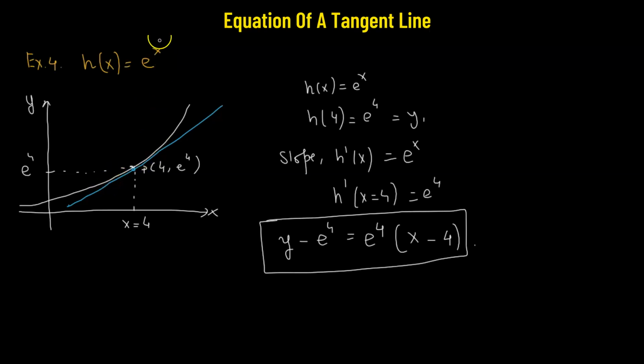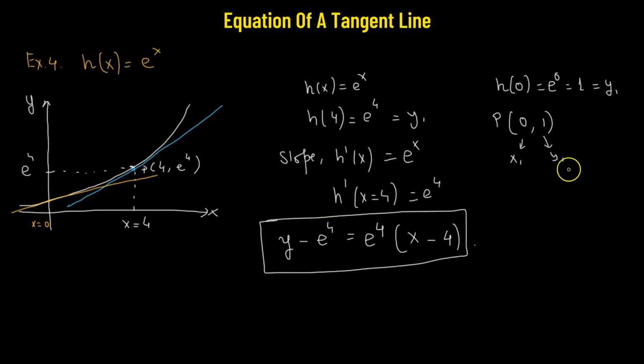We can also find the equation of the tangent line at different points as well. Let's say we consider the equation of the tangent line at the origin. So that means at x equals 0. So h of 0 will be equal to e raised to the power of 0, which is 1, and this is our y coordinate. So our new point P is given by (0, 1). So this is x1 and this is y1, and the slope will be h prime of 0, which is equal to e raised to the power of 0, so that is also equal to 1.